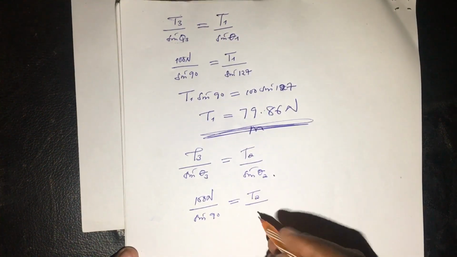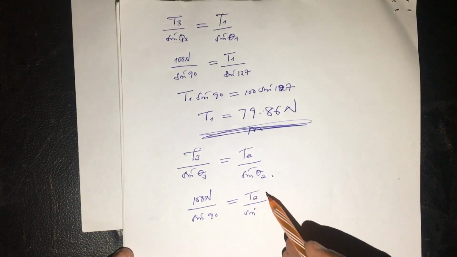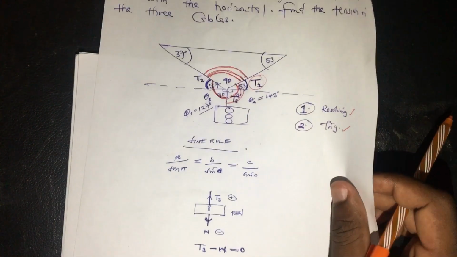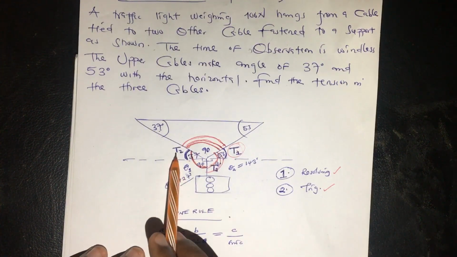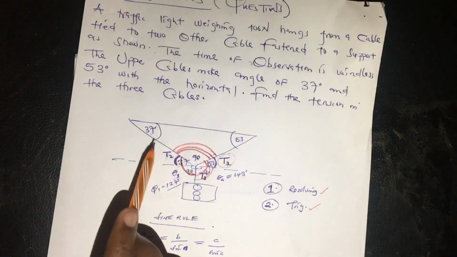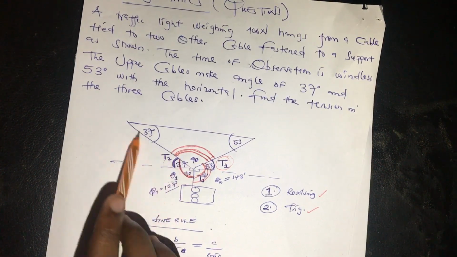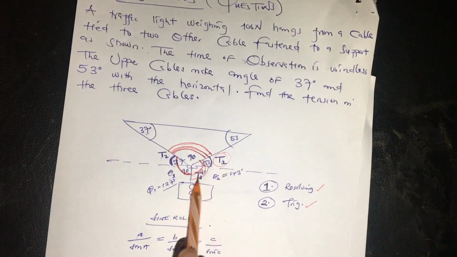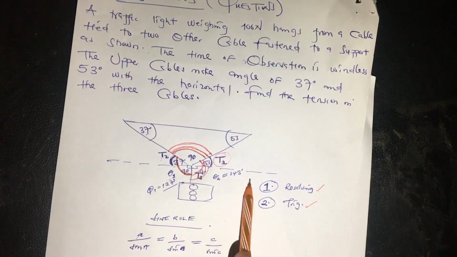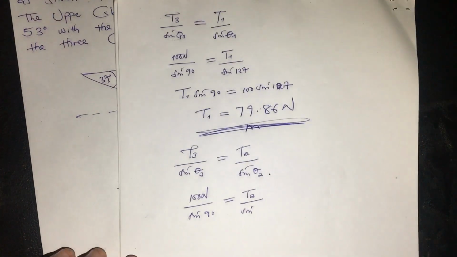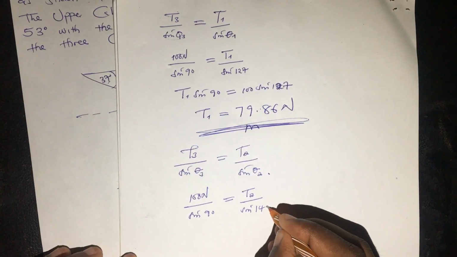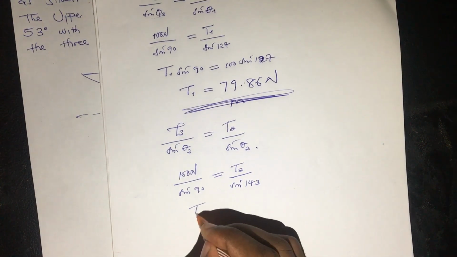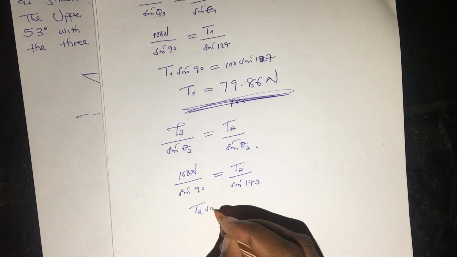You're looking for T2, over the sine of its corresponding angle. The corresponding angle of the tension T2 is this angle, and we know that this angle is 143. Then we do the cross multiplication and make T2 the subject.